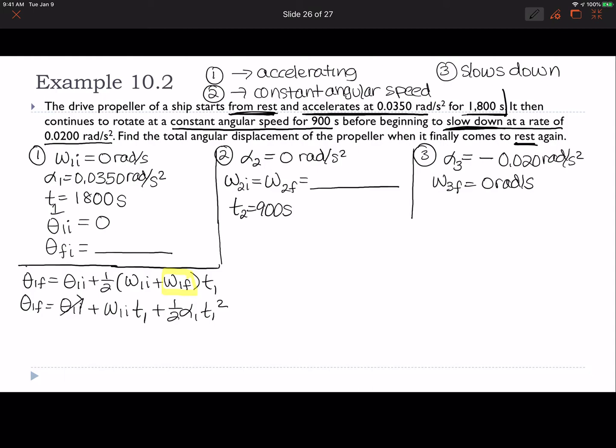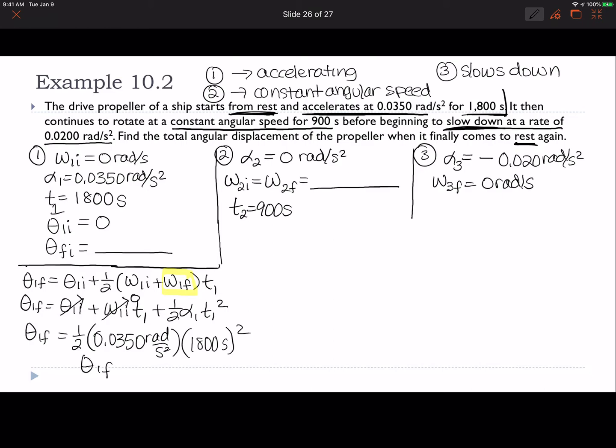The initial position is 0, the initial velocity is 0, and so the final position, excuse me, is 1/2 times 0.0350 radians per second squared times the time of 1800 seconds squared.